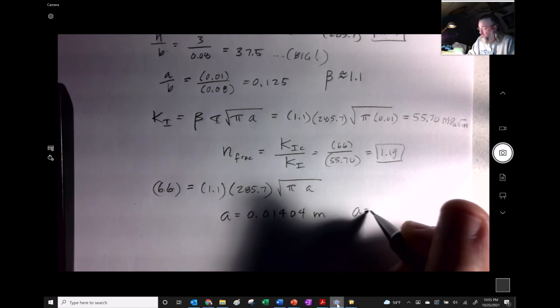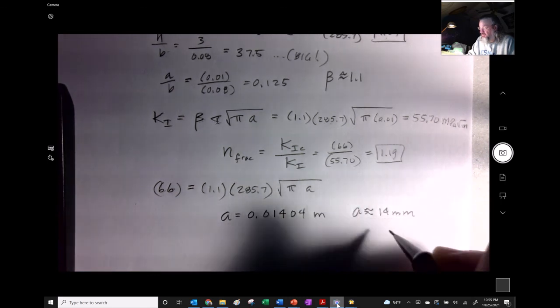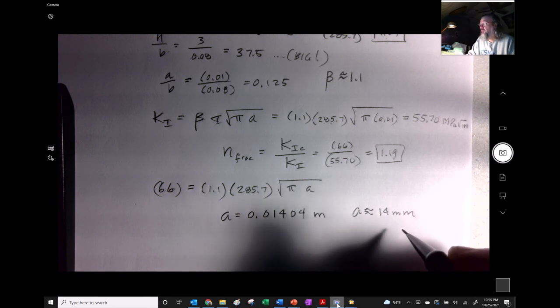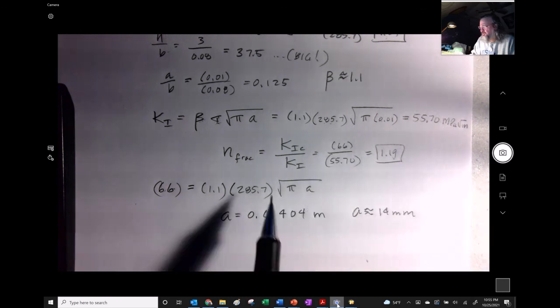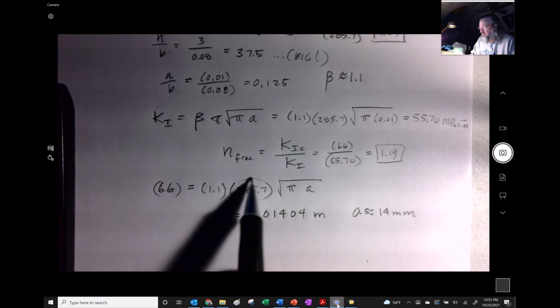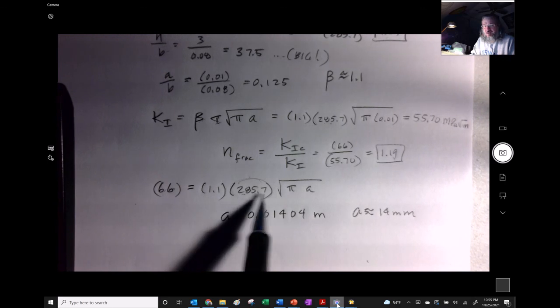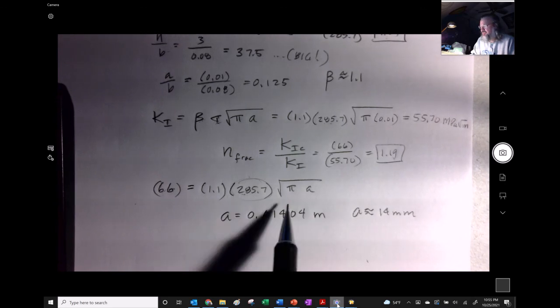So A of approximately 14 millimeters is where it would fail due to this crack, or if the crack gets that much larger. Now, I also tried by adjusting this and keeping the same load on it, but now putting in the denominator the width minus the crack.